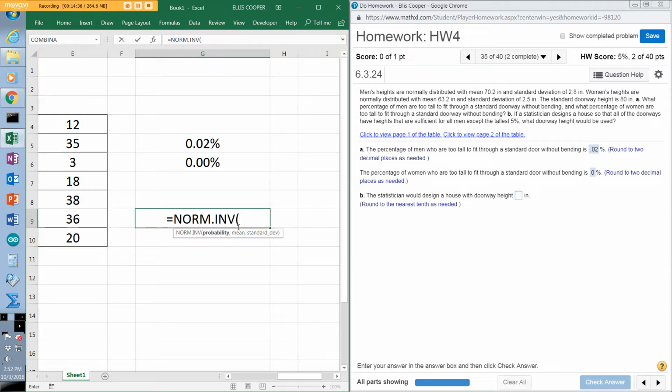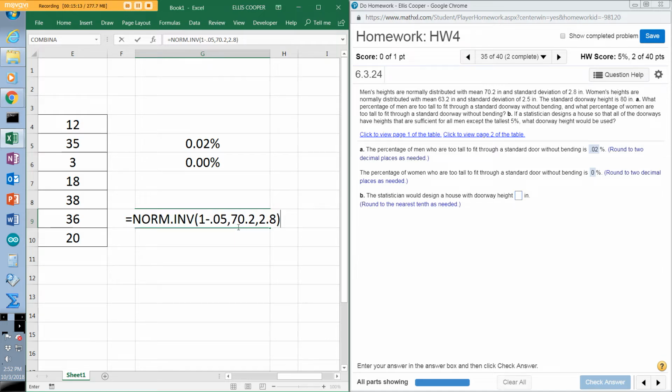But you see, I'm only given a right tail cumulative probability of 5%, 0.05. So if I want to get the score that has 0.05 to the right, and I can only deal with probabilities to the left, I will put a 1 minus 0.05 as my score. Then, since we're talking about men, we'll use the data for men of 70.2, comma, 2.8, close paren.